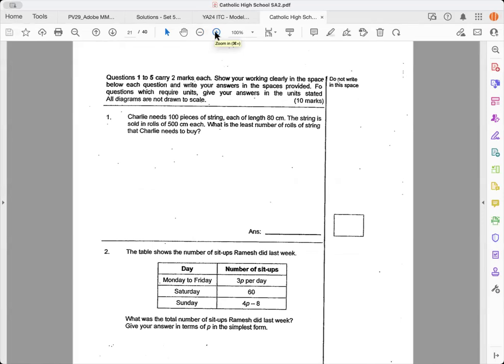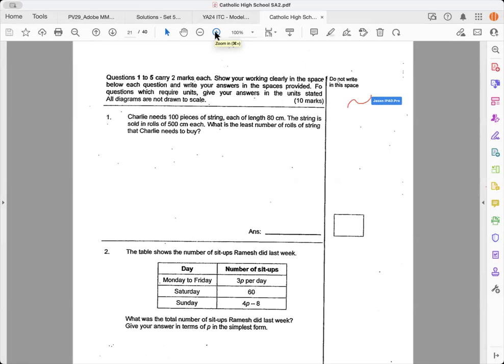So Charlie needs 100 pieces of string. These are the strings that he needs, right?